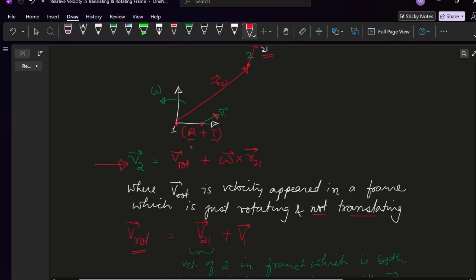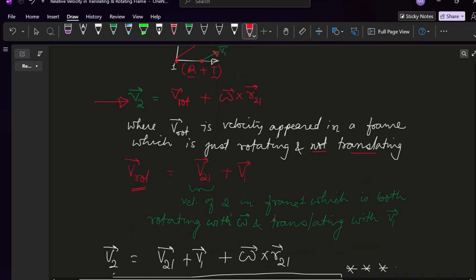So when you come down to this frame, you add the v21 vector plus the translational velocity of frame 1, and that gives you the velocity in the rotating frame. This is important; I just gave you how to think of this.